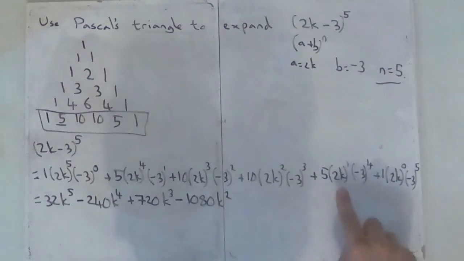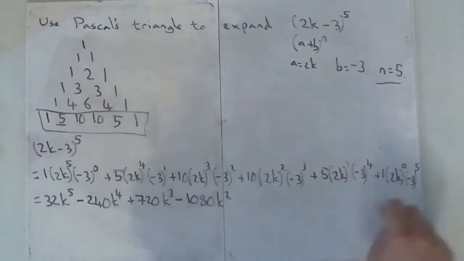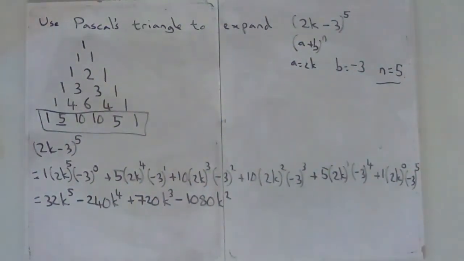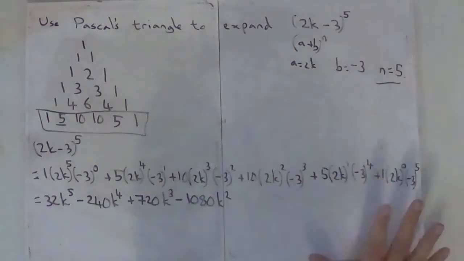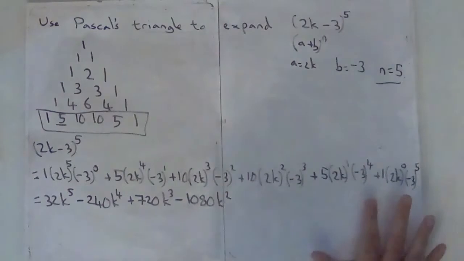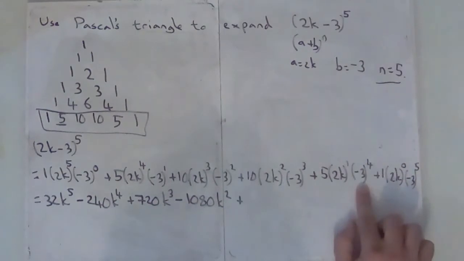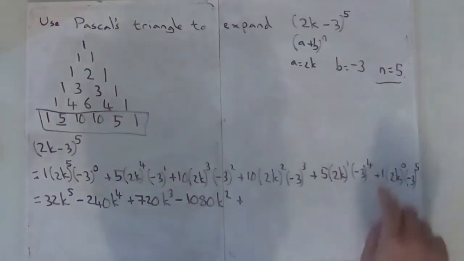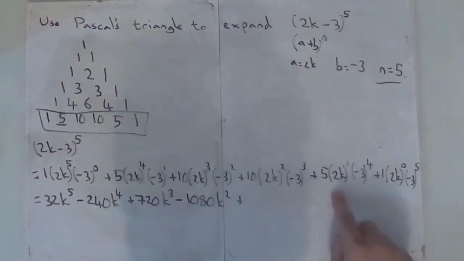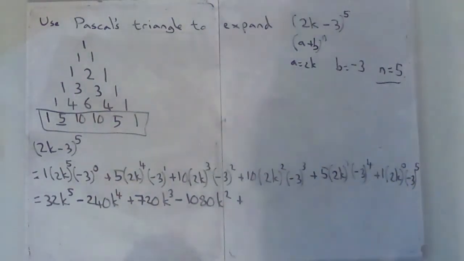You've got 5 times 2 times minus 3 to the power 4. So I think I'll do the minus 3 to the power 4 first. So minus 3 cubed is minus 27. If you times it by minus 3 again, well, 3 27s are 81. It's going to be positive. So then you've got that 81 times this 2, which would give you 162.